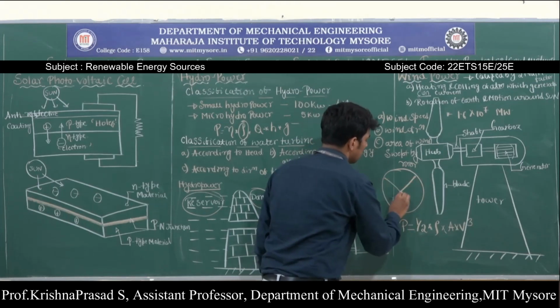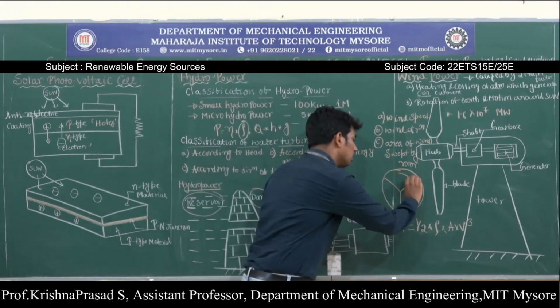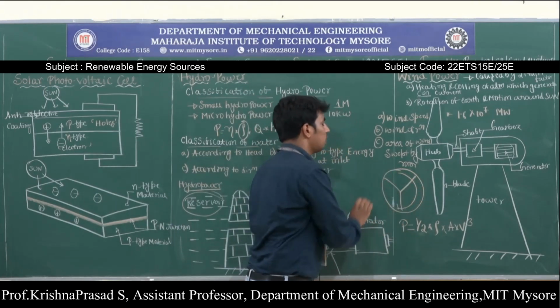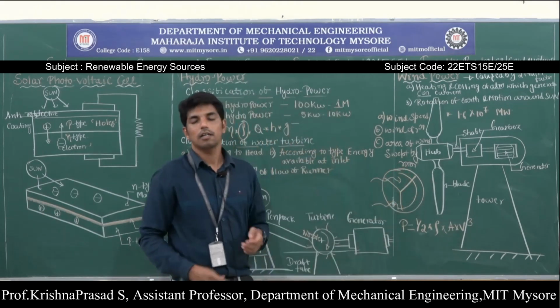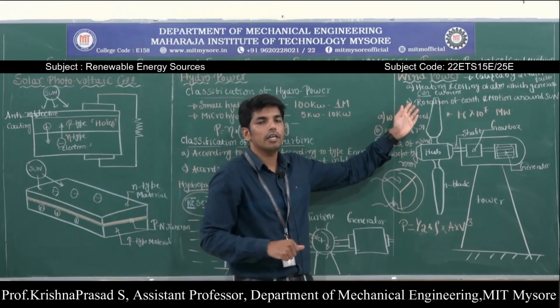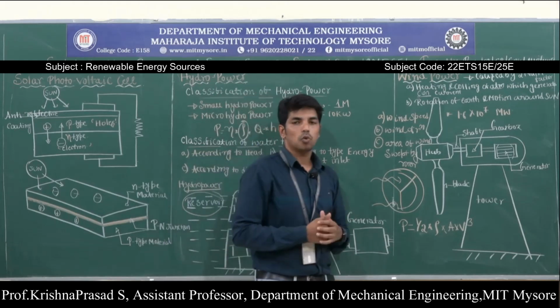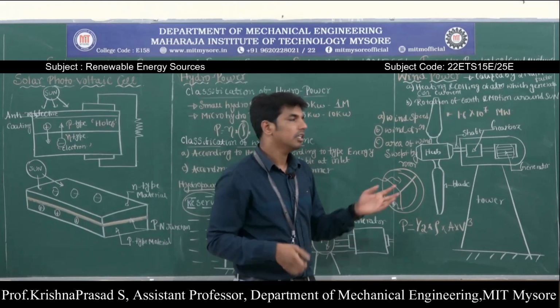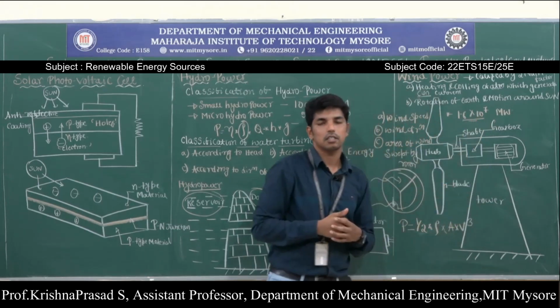these are the rotors of the windmill. Whatever the area of this rotor, and whatever wind can be extracted within this rotor area, is very important regarding the generation of wind power. Also, the total wind power that can be extracted in India is around 1.6 into 10 to the power of 7 megawatts.